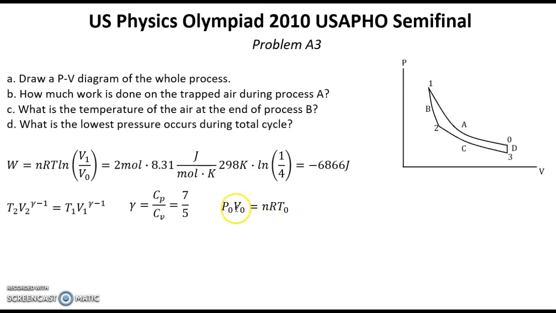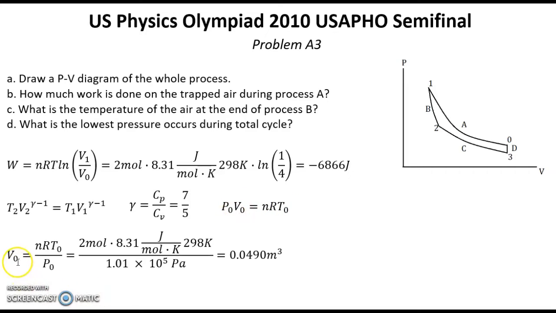So from here we can find V0: V0 equals number of moles multiplied by R T0 over P0. So now we can put in all numbers, and finally we have a result that it's equal to 0.0490 cubic meters.